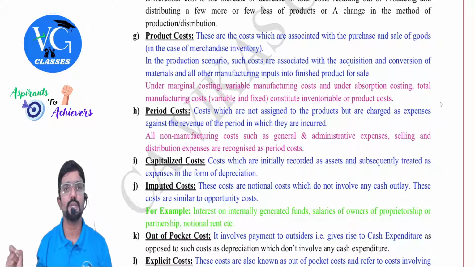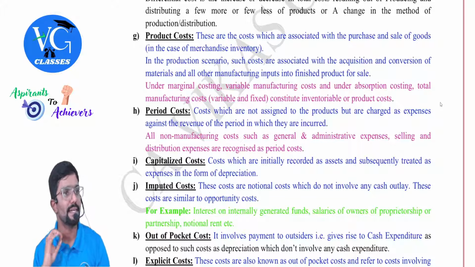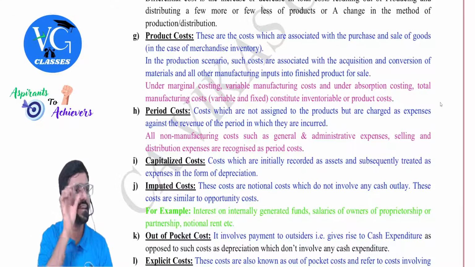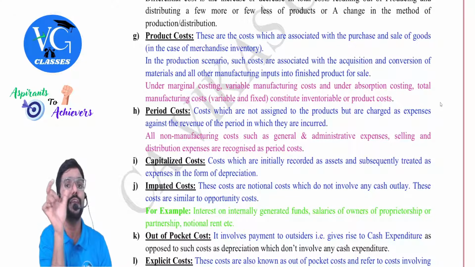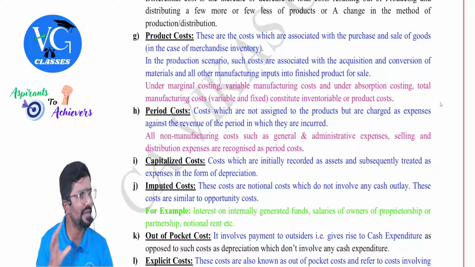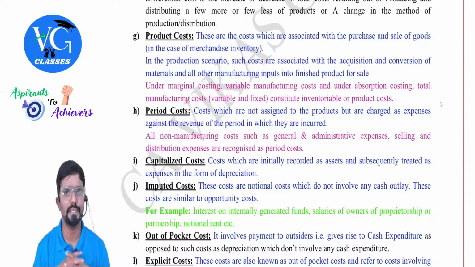Whereas under absorption costing, we take total manufacturing cost to value the product. Under absorption costing, my inventory will always be overvalued because we are taking one extra element while valuing the inventory, fixed manufacturing cost. We have a separate chapter for this. We will learn what the difference between both is.